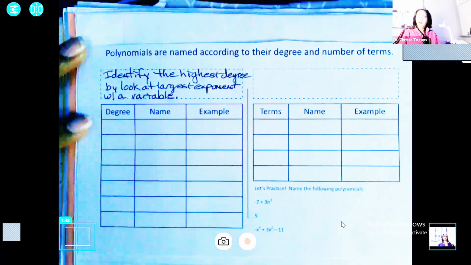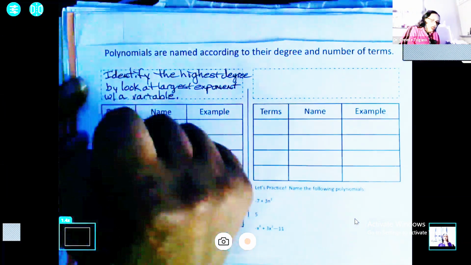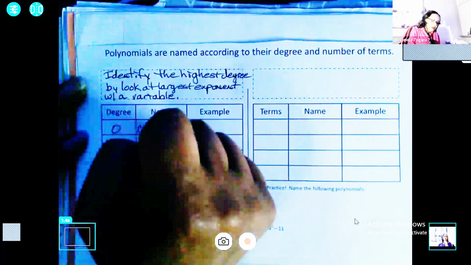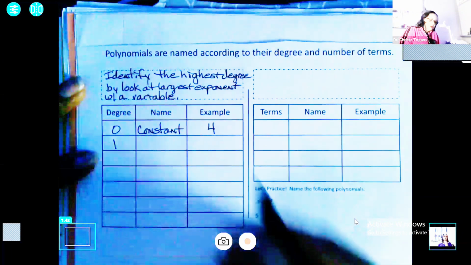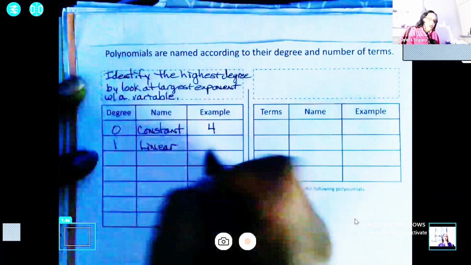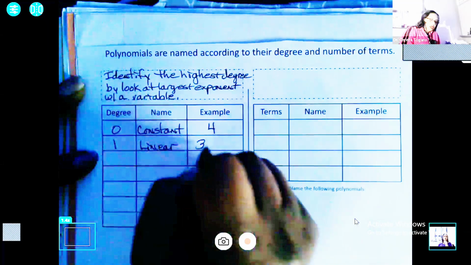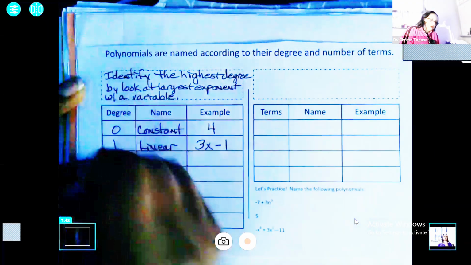So, for the 0 degree, which is a constant, we can use any number, okay? With the degree of 1, this is linear. And we could say 3x, or we could actually add or subtract something to it.